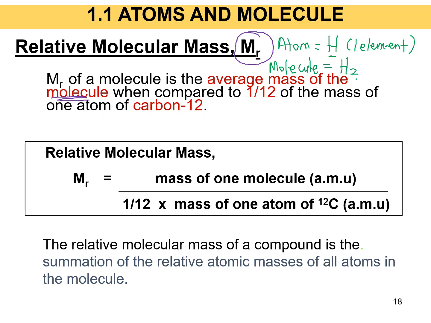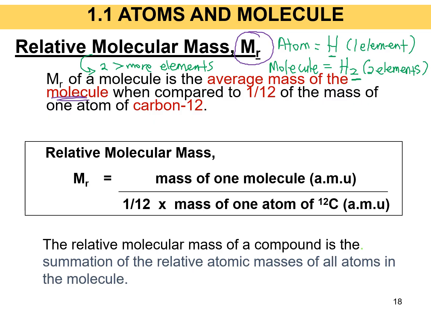So you ada berapa dah elemen kat sini? Ada 2 hydrogen. So you ada 2 elements here. Itulah bezanya. So basically molekul ni is made up of 2 or more elements. Okay, 2 or more elements.